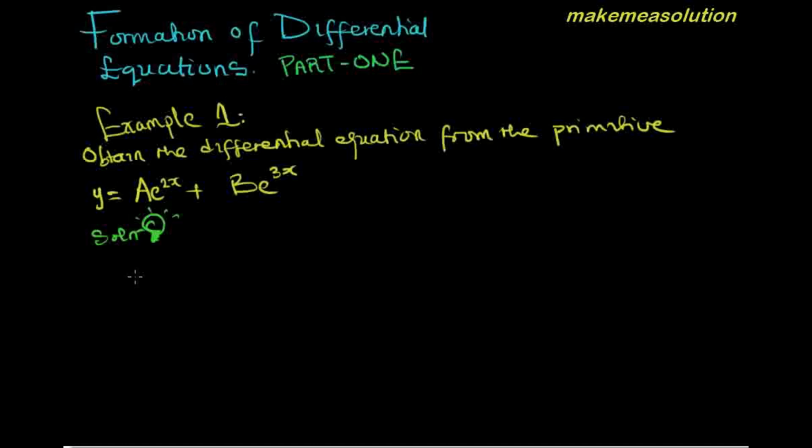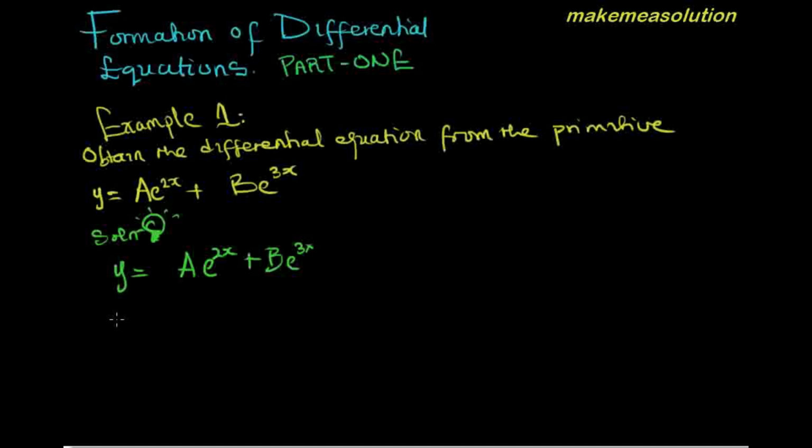So first of all, to solve this, how many arbitrary constants can we see? I can see 2 arbitrary constants, a and b, okay. So I'm going to differentiate 2 times. Since there are 2 arbitrary constants, I'm going to differentiate 2 times like this.